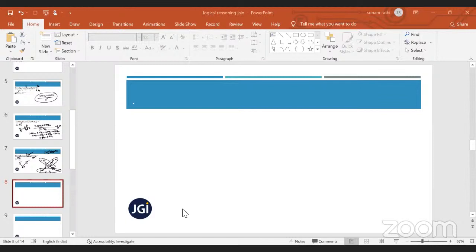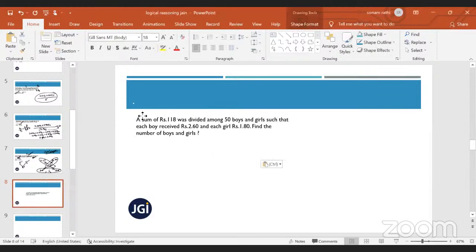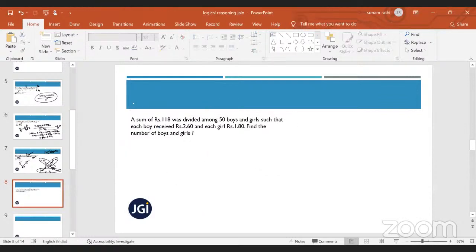This is a very interesting question. Slightly different than the previous question. Okay, first do it normally with the formula. If you're finding it difficult using alligation, do it with the regular formula.